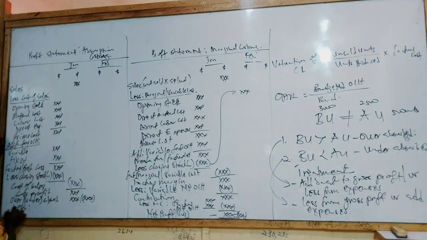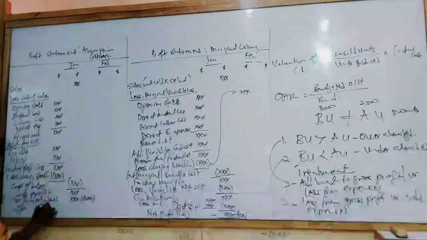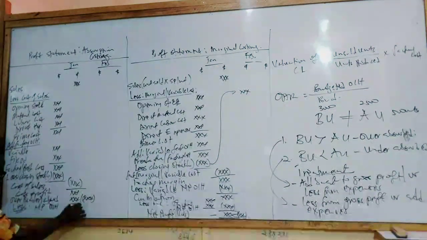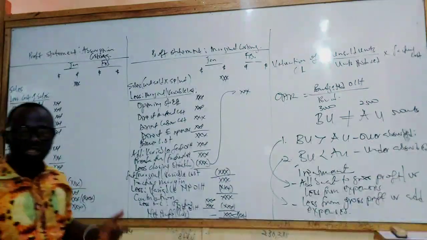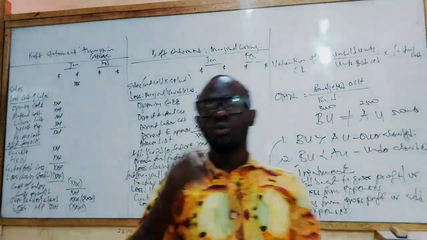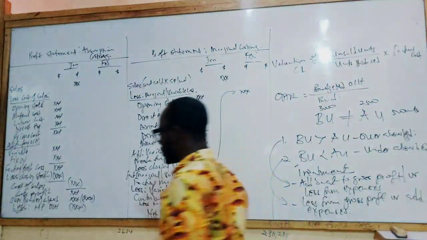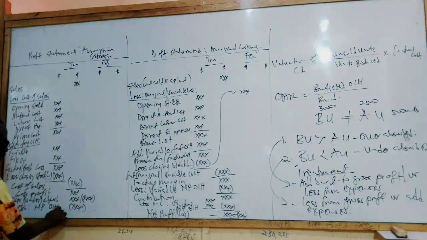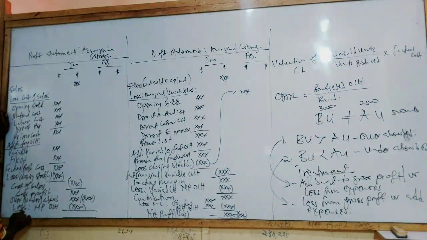Okay, so less expenses. So you less all non-production overheads, all of them, selling and distribution, administration, finance, whether they are fixed or variable, you less them here. And once you less them like that, you are going to get what? Your net profit or loss.